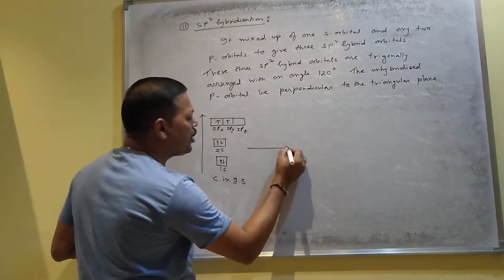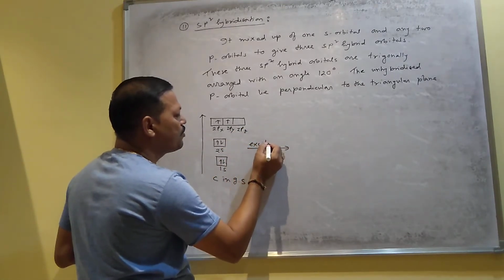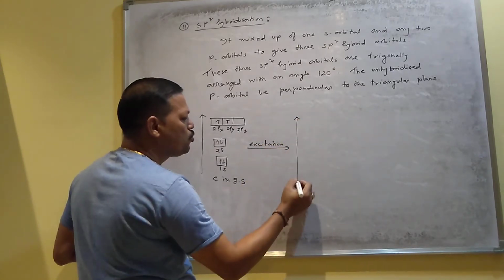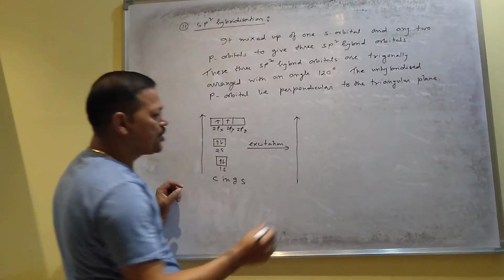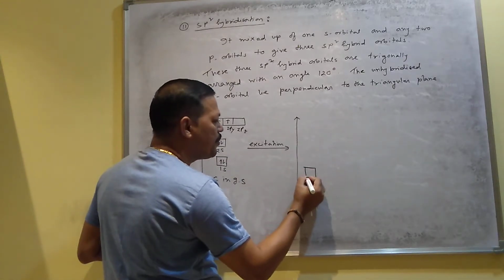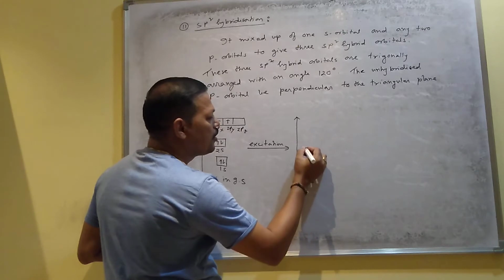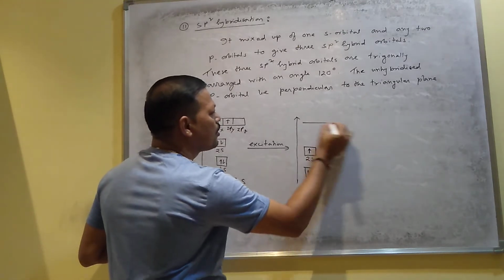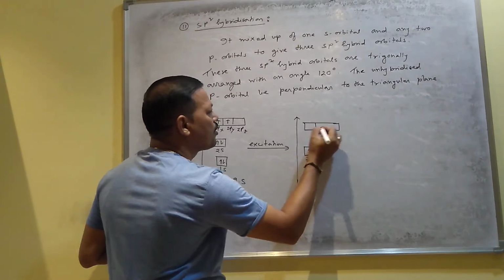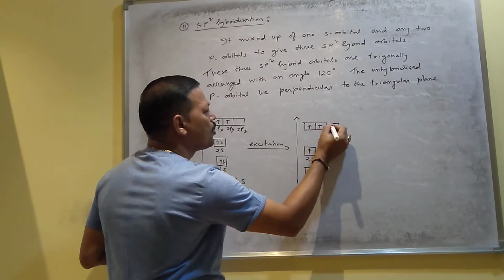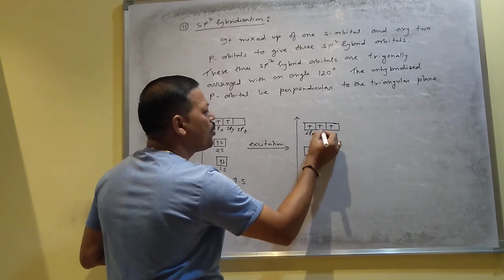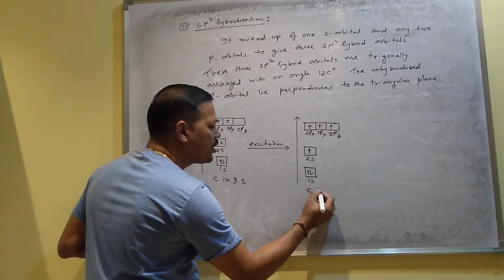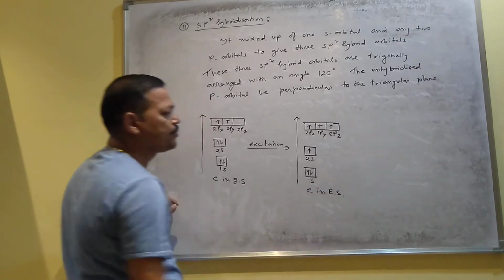When carbon undergoes excitation, then one electron will jump from 2s to 2pz as you have done in sp3. So 1s will remain the same, 2 electrons. Now 2s contains 1 electron and 2p contains 3 electrons, 1 in 2px, 1 in 2py, 1 in 2pz. This is called carbon in the excited state.